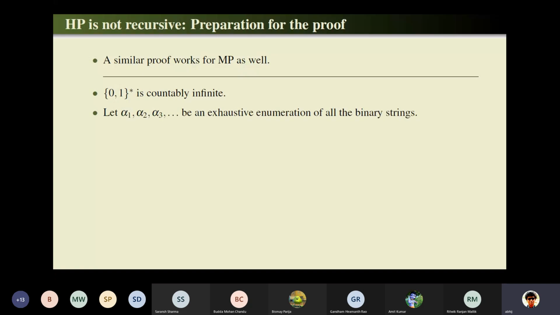Alpha 1, alpha 2, alpha 3: this is the first string, this is the second string, this is the third string. Of course, it's an infinite listing, but every string will eventually come. For example, it may be epsilon, 0, 1, 00, 01, 10, 11, 000. This is one possible way of listing all the strings. Whatever it is, I can make an exhaustive enumeration, although infinite, of all the strings over 0, 1.